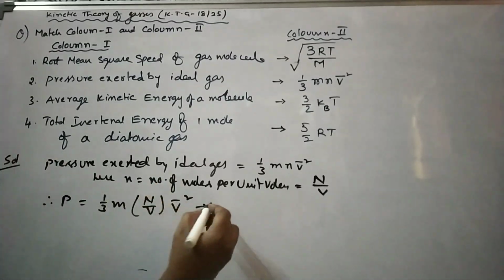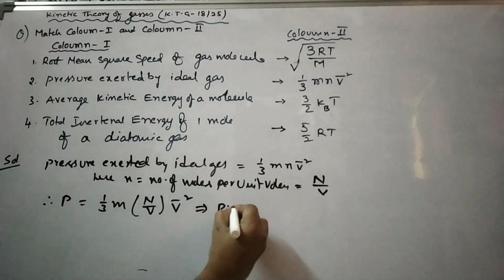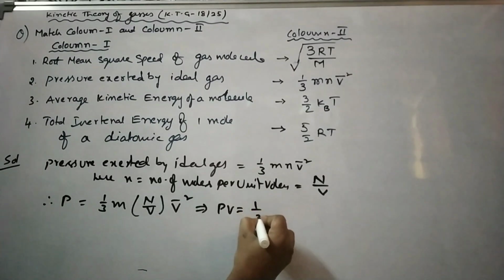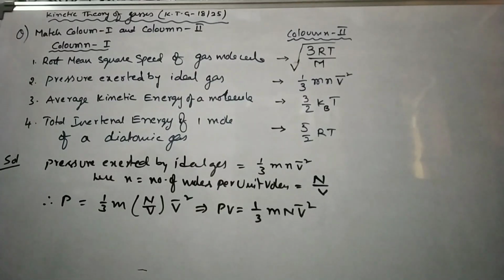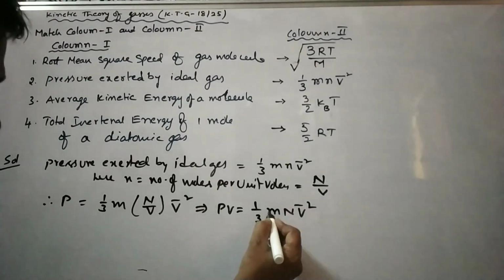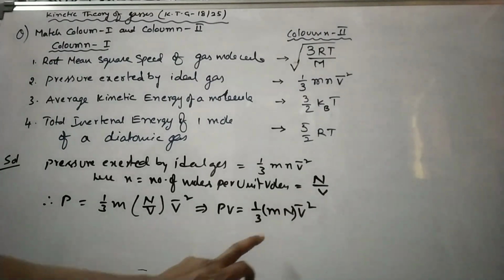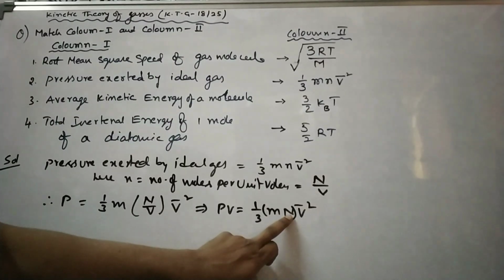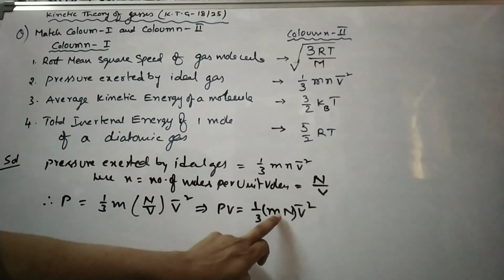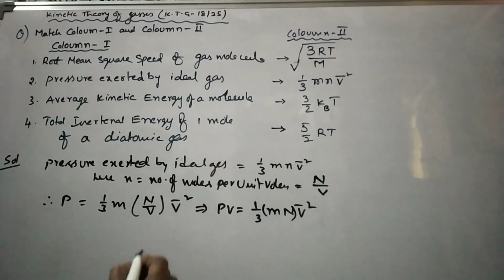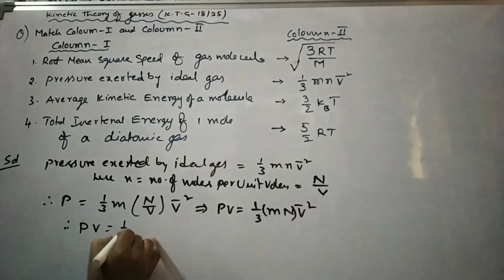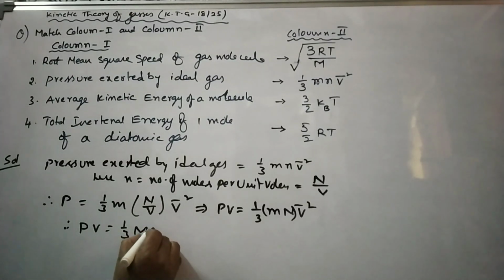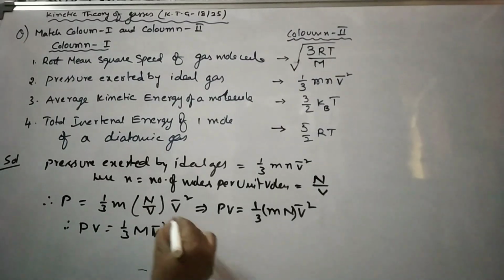So this V is brought to this side, and the equation is modified as PV equals 1/3 m N v bar square. But m into N, the number of molecules and the mass of each molecule, is replaced by the total mass of the gas, capital M. Therefore, PV is equal to 1/3 capital M v bar square. This is equation 1.